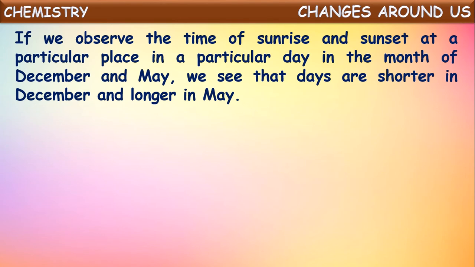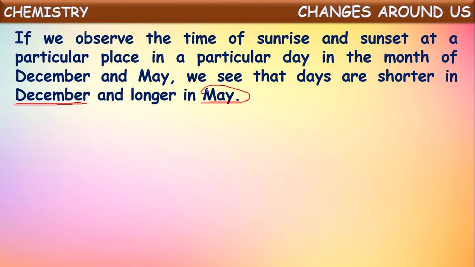If we observe the time of sunrise and sunset at a particular place on a particular day in the months of December and May, we see that days are shorter in December and longer in May. We know in December there will be winter season for us, whereas in May there will be summer season.